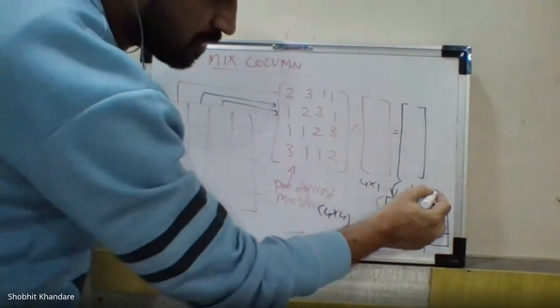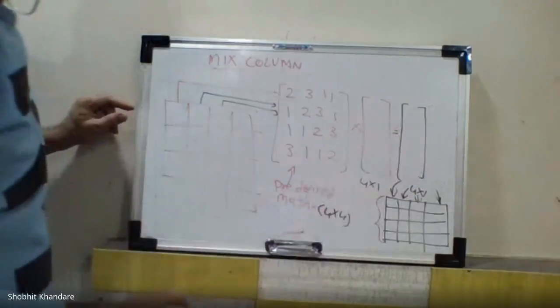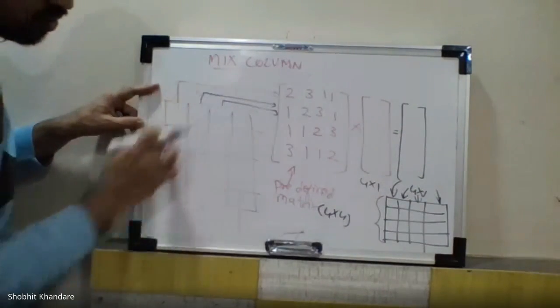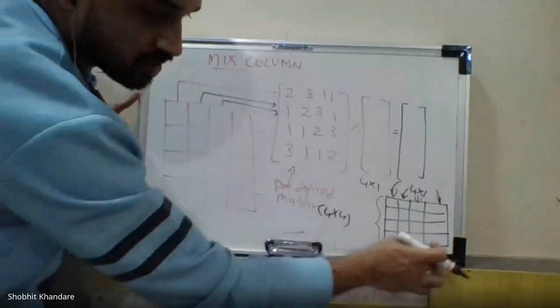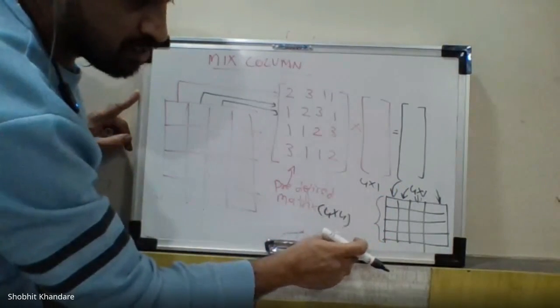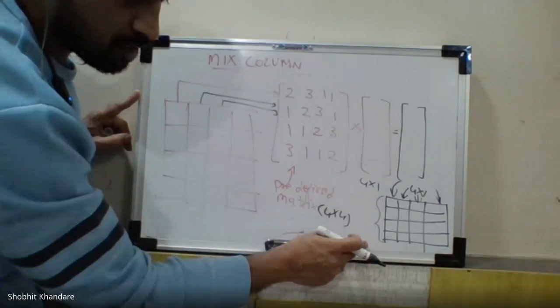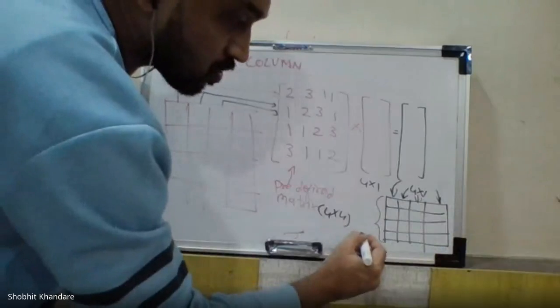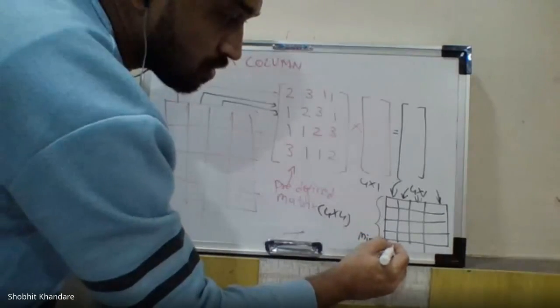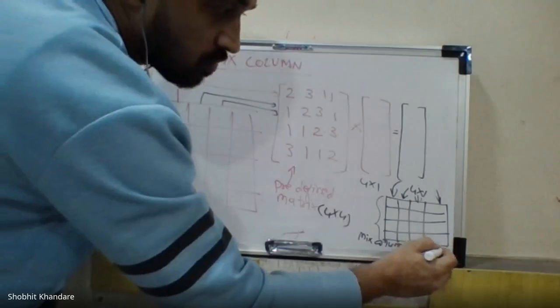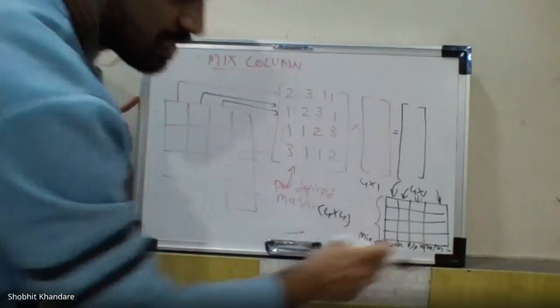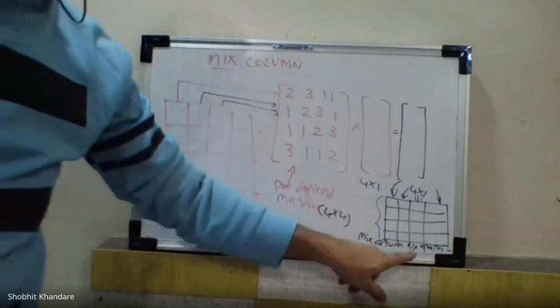And this will be placed here. So you have got the resultant matrix. Again, it is intermediate, not the output. So you can say this is the mixed column output matrix.